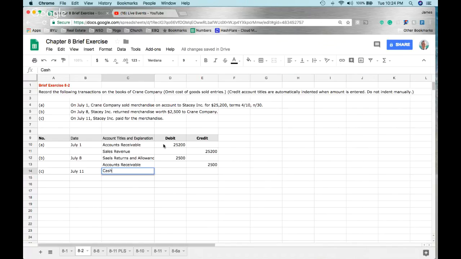Actually, these will be the three accounts: cash, sales discount, and then accounts receivable. Accounts receivable is $22,700.